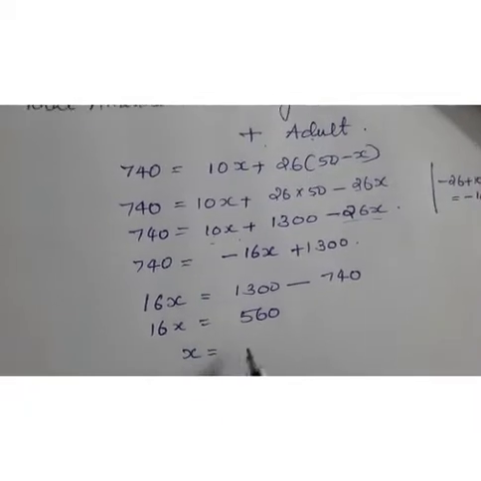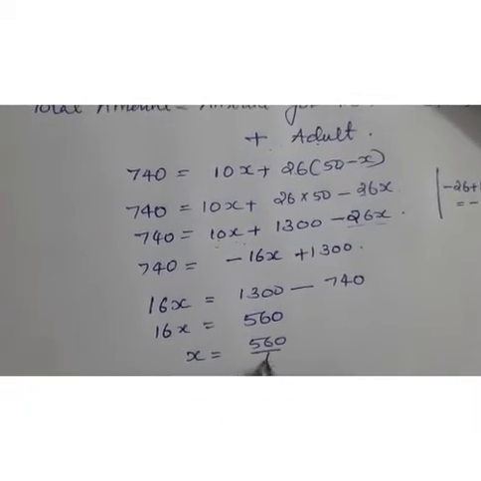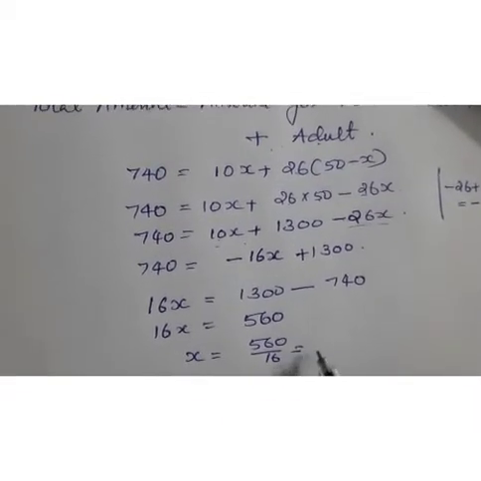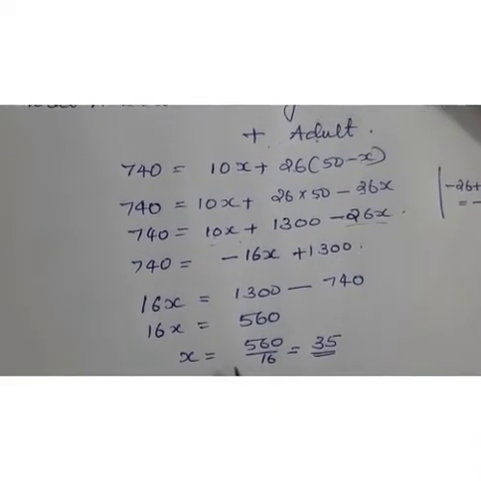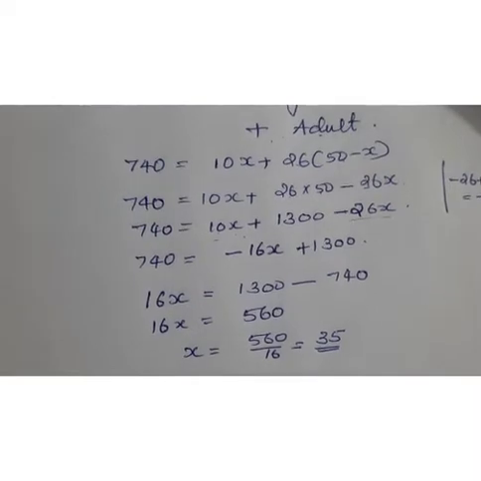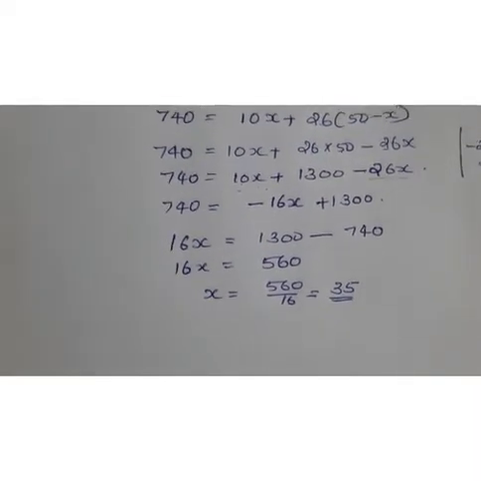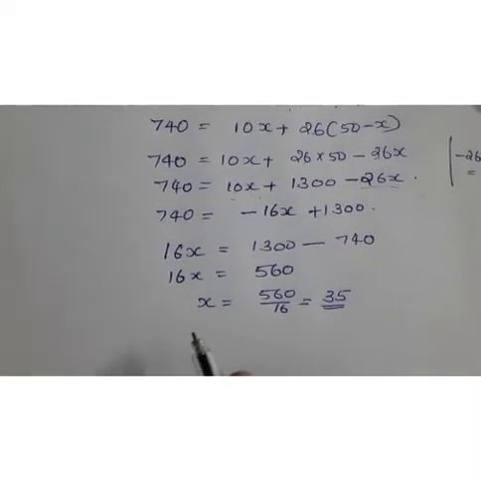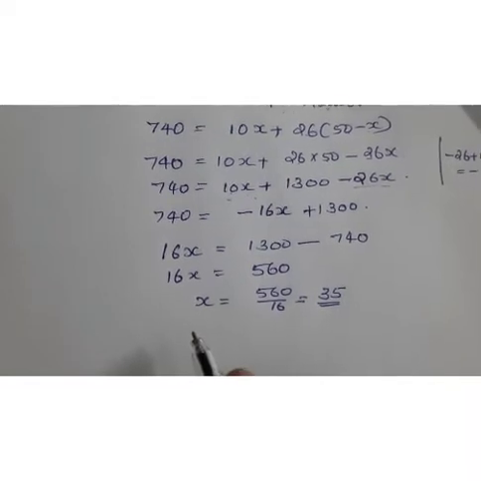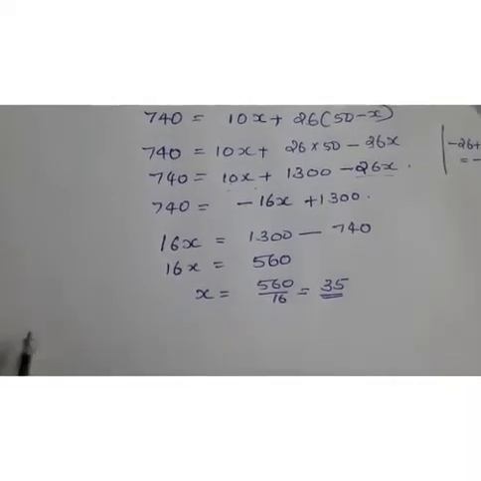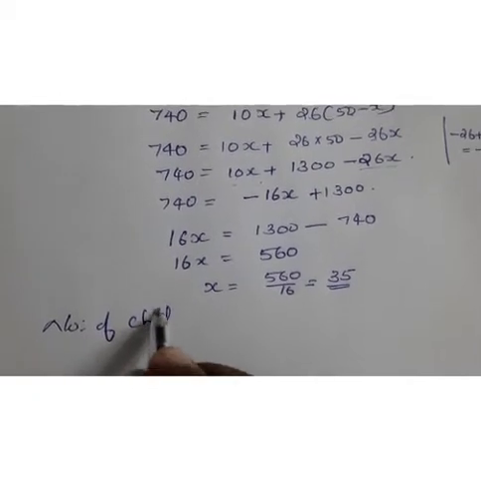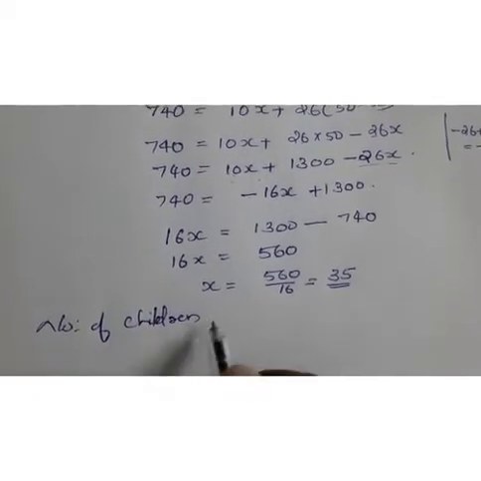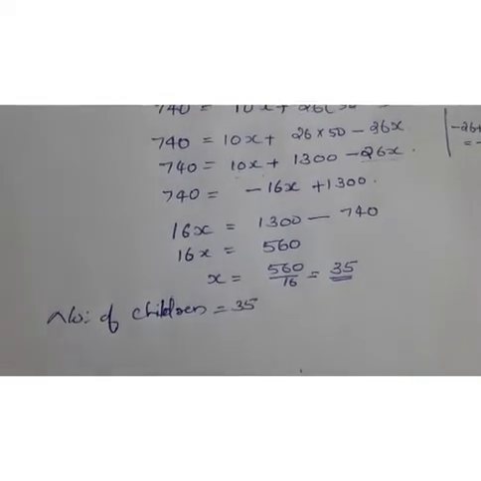So what about x? 560 by 16. We will get the answer as 35. So there should be 35 children who went for the science exhibition. So number of children is equal to 35.